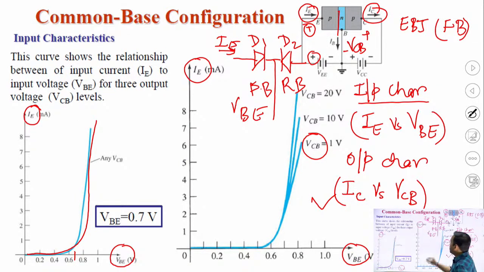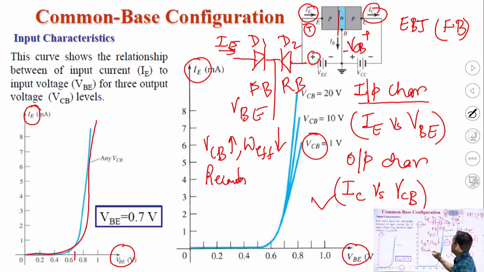So how can we utilize it? We can say that as VCB increases, the effective width of the base decreases, due to which the recombinations in this particular region basically decrease. If recombination decreases, what is the impact on the current?